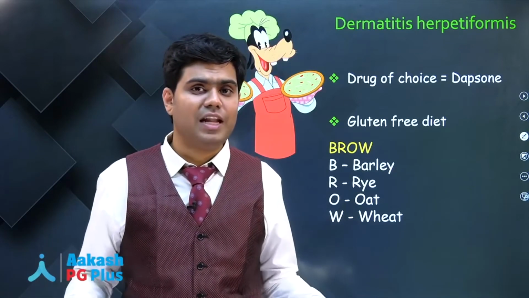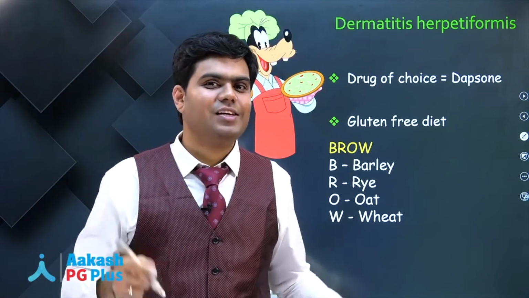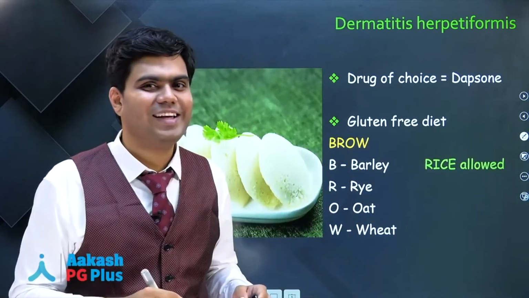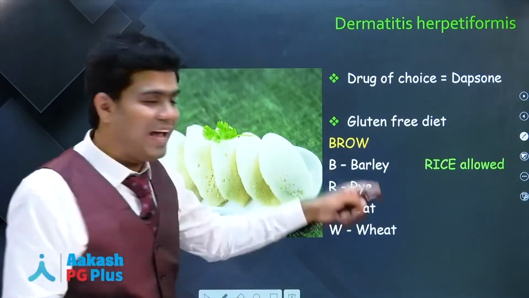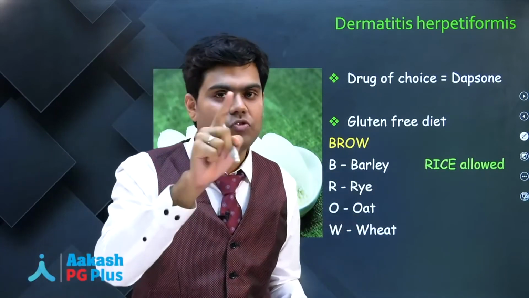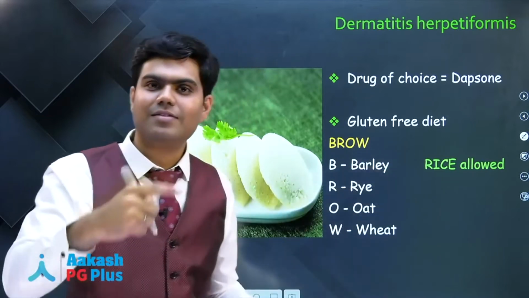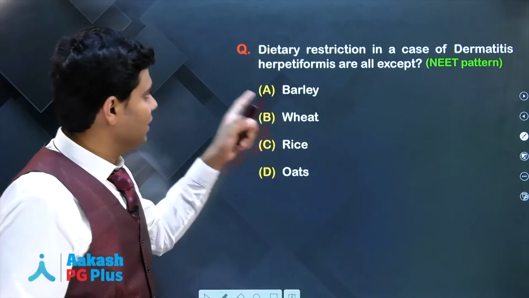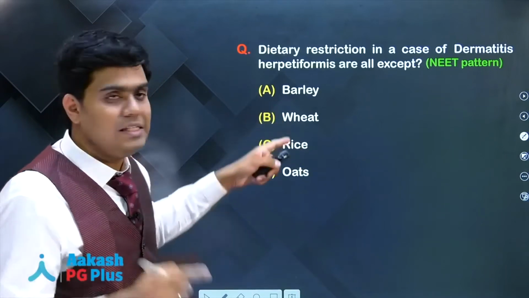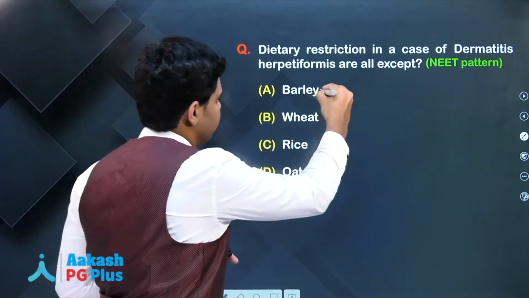Sir, then what's left? Well guys, do you like South Indian food? You can have rice idli, correct? So rice is allowed. Remember, rye is not allowed, rice is allowed. So coming back to our question, what is restricted? Barley, is it restricted? Yes, it's restricted.